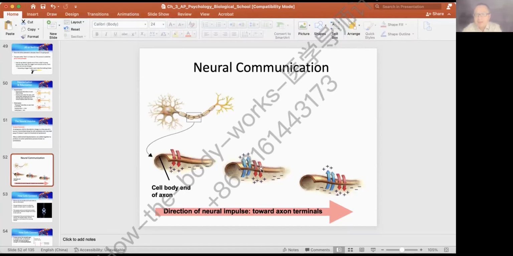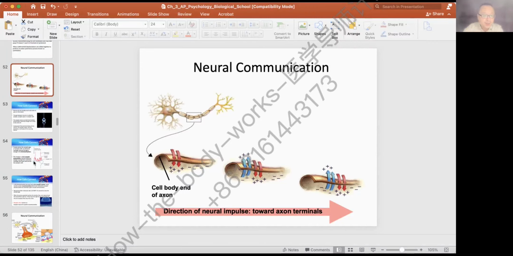Then at the next part of the axon, the sodium ions get into the nerve cell again, and here they get out, and so on: get in, get out, get in, get out. This is the basic mechanism of neural communication, or how the nerve signal is transferred toward the axon terminals, the direction of neuron impulses.